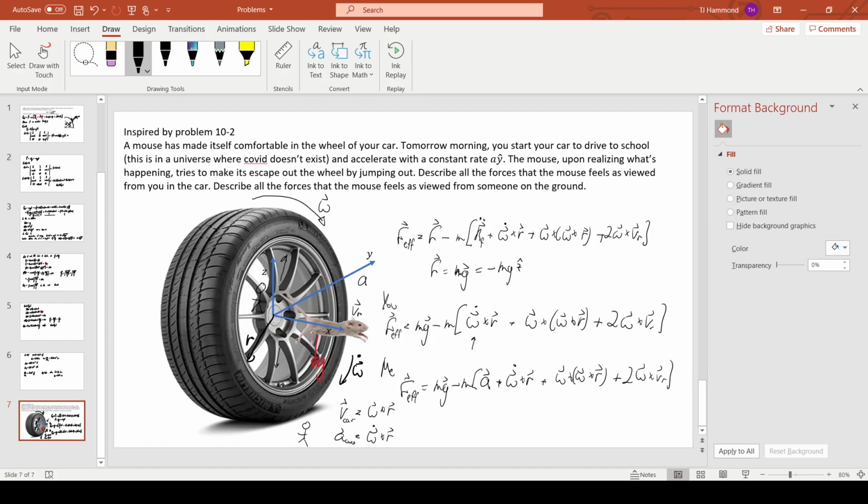But then the wheel is also starting to spin up, and so this mouse feels that tangential acceleration force. And then it'll have centrifugal force, and as the mouse starts to run away, it'll have some velocity, and so it'll have a Coriolis force. So this would be an instance where you actually have to take all the forces into account.